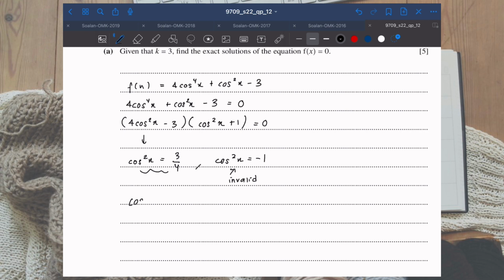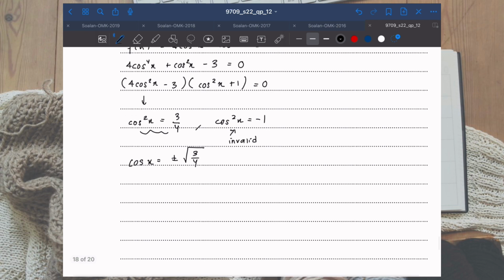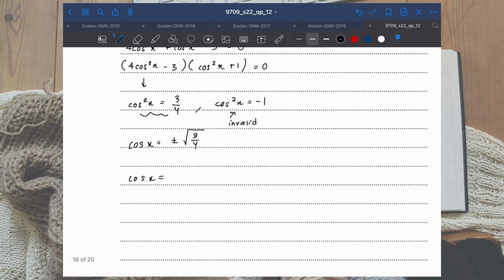So your cos x is plus minus square root of 3 over 4. So that means your cos x is positive square root 3 over 4, and negative square root 3 over 4.